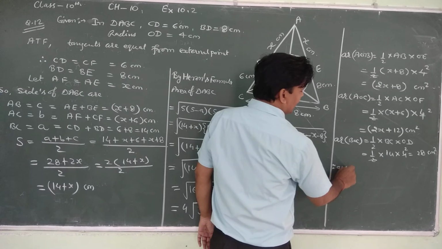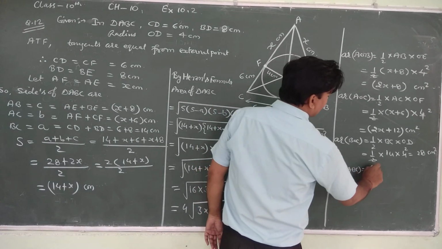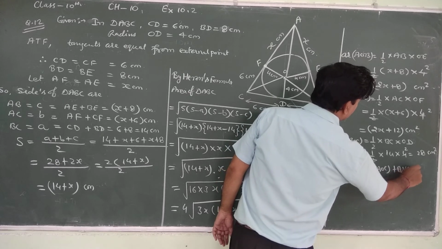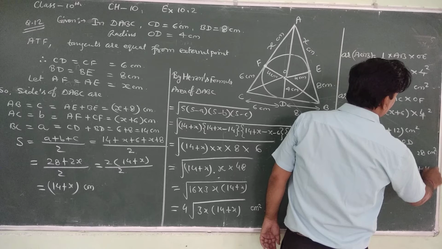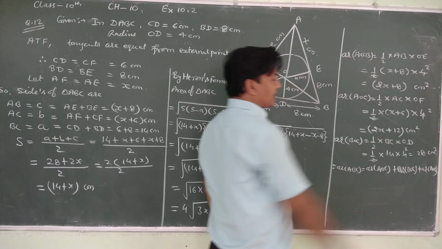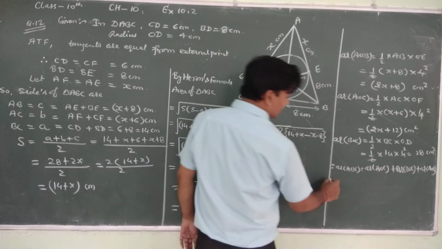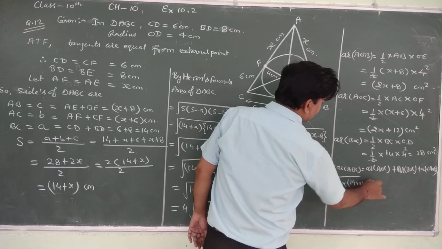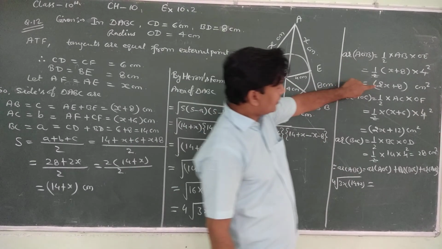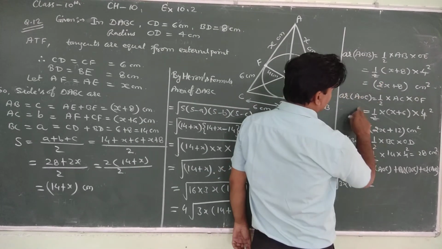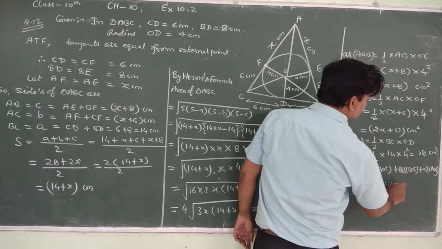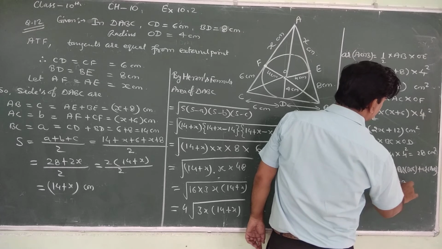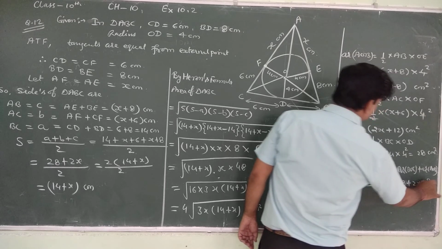Since area of ABC is equal to area of AOC plus area of BOC plus area of AOB, write the values here: 4 root 3x into 14 plus x equals the addition of all three, 2x plus 12 for AOC, plus 28 for BOC, plus 2x plus 8.